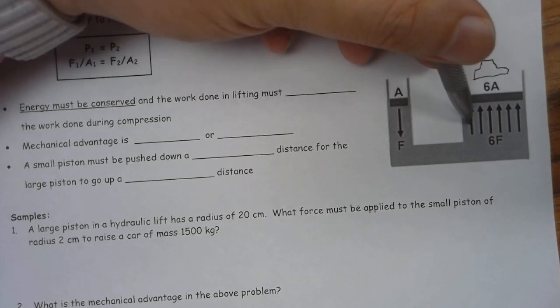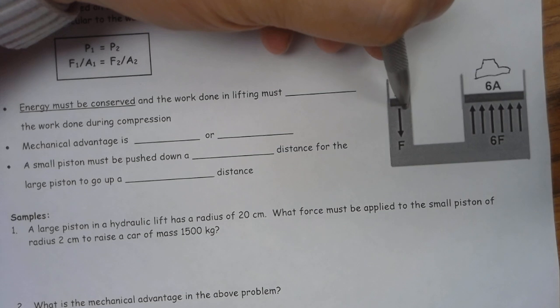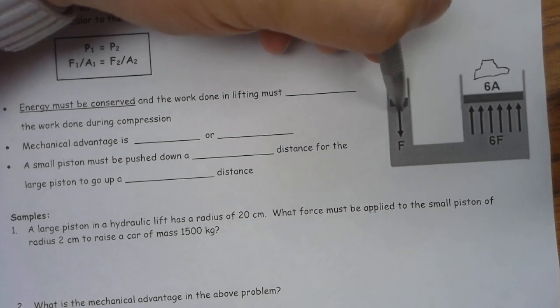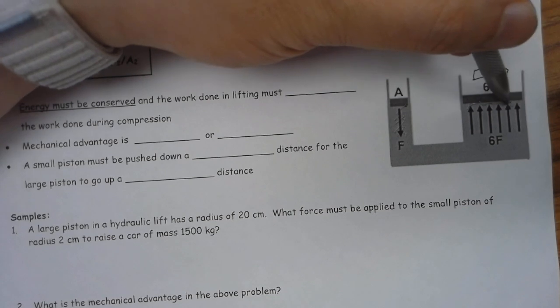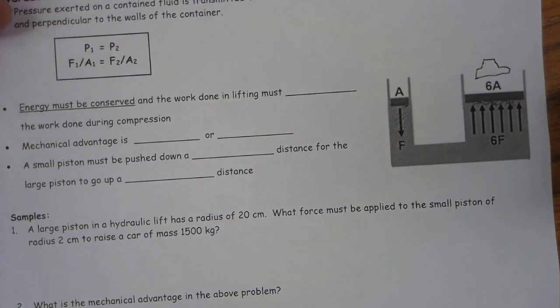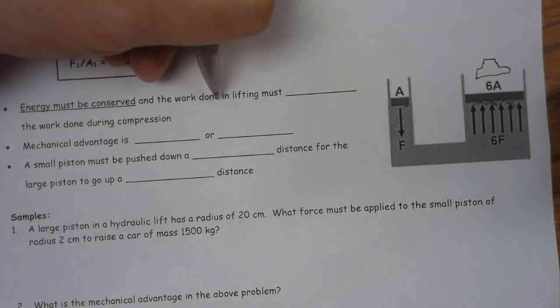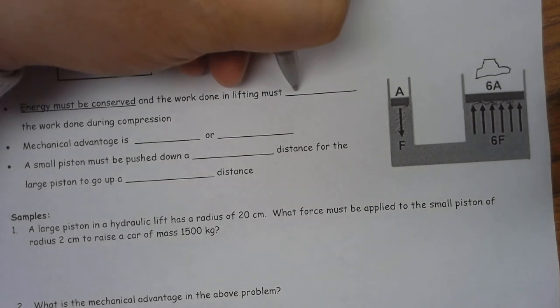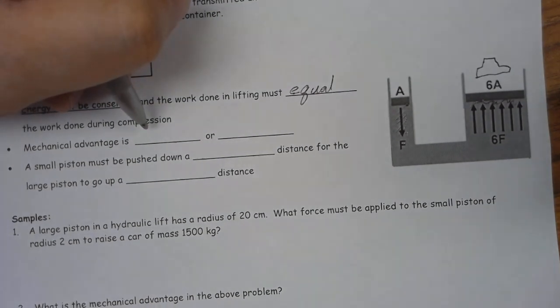But the distance that it has to travel will be way less, because the volume change of me pushing this down will not be as much in terms of height on the large panel. This means that energy must be conserved and the work done in lifting must equal the work during compression.